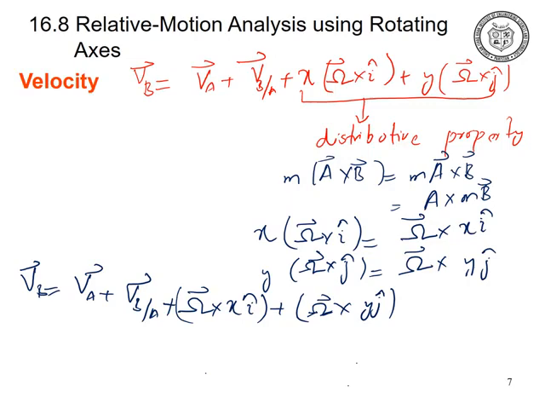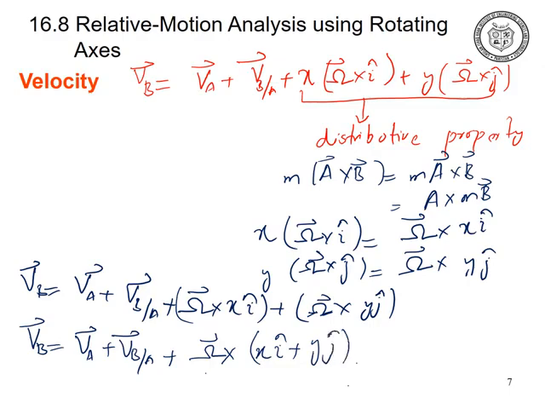In this we can take omega as common, so the above equation becomes vb equal to va plus vb with respect to a plus omega cross (xi plus yj).